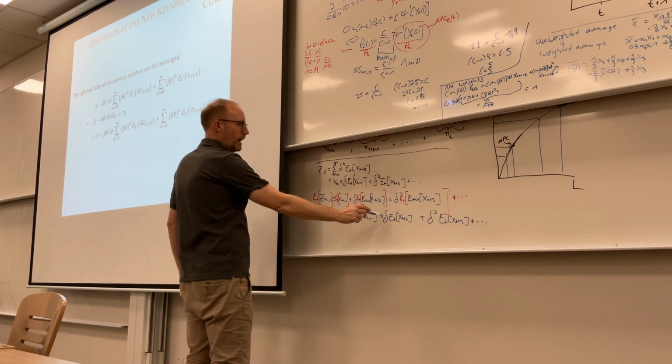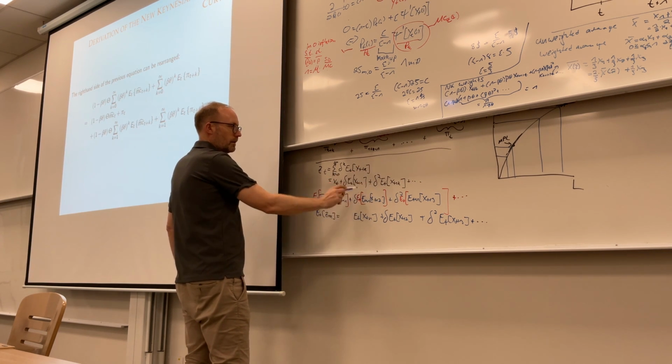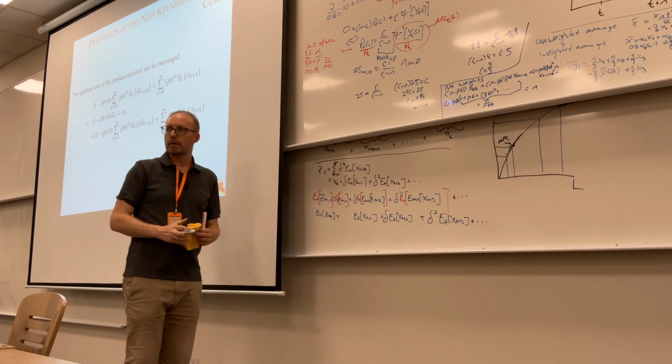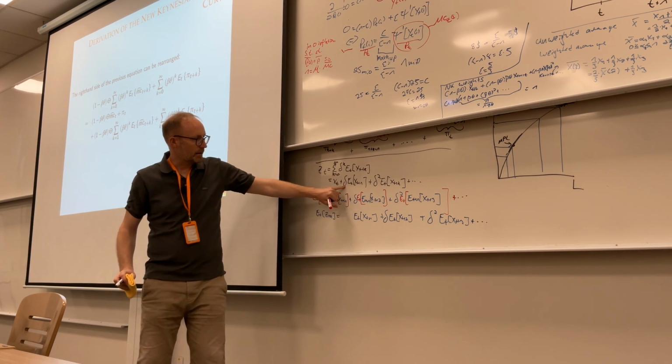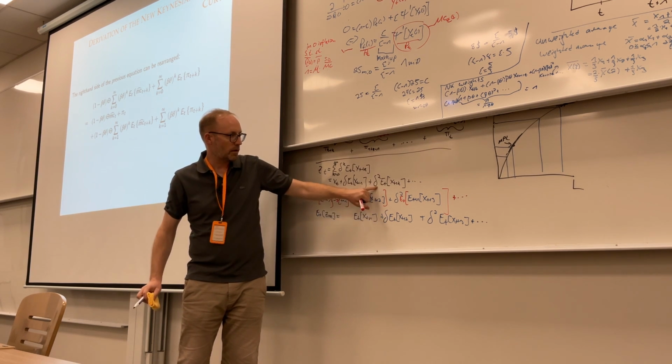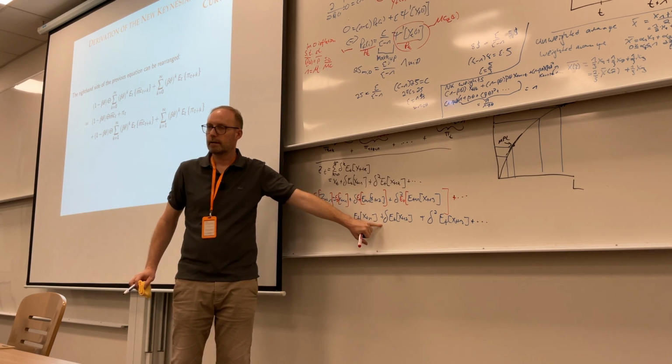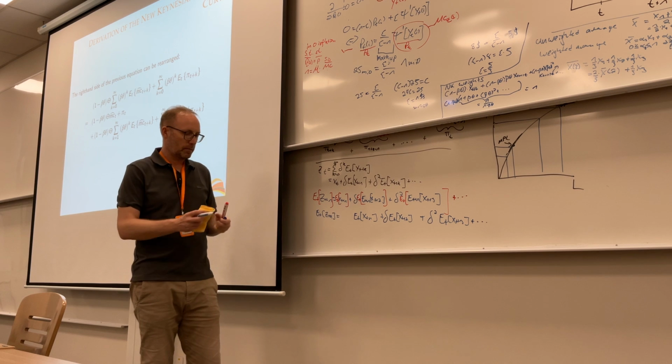Right, there's a reason why I wrote them like this. You notice, those are the same terms, except for here, it's multiplied by delta, but here it's also missing just one delta, and we're missing this first term here.